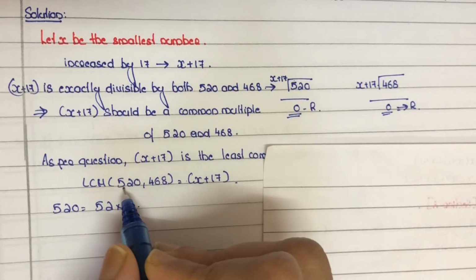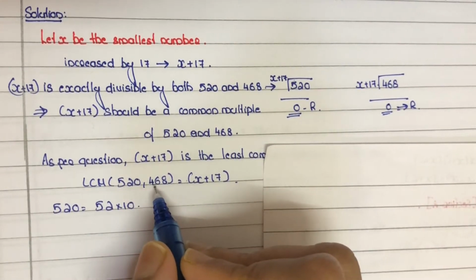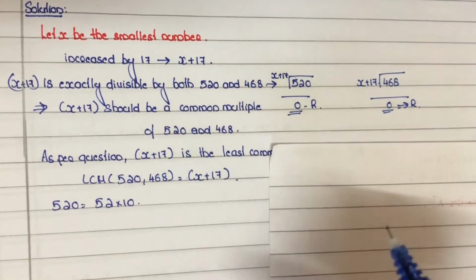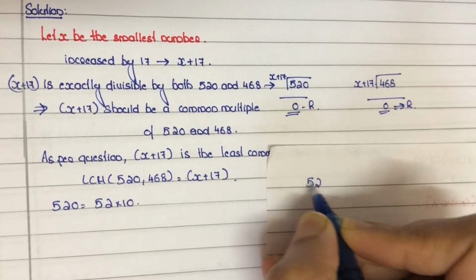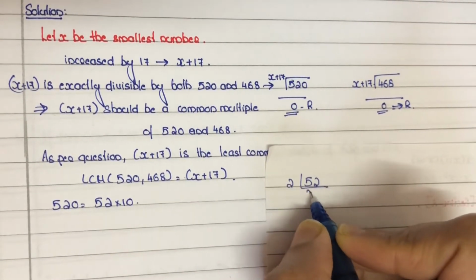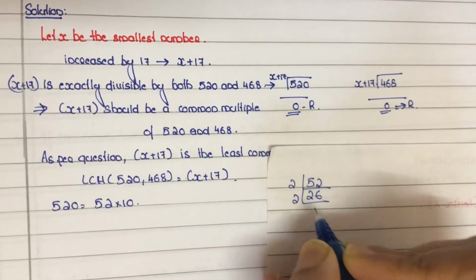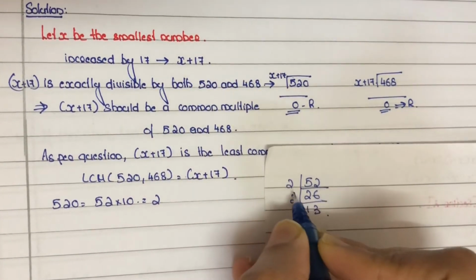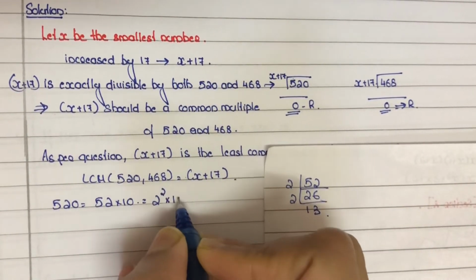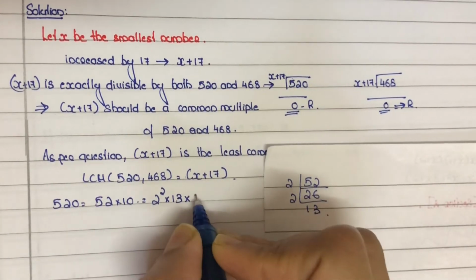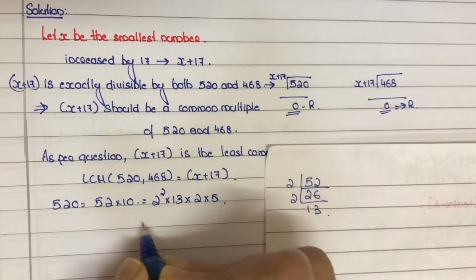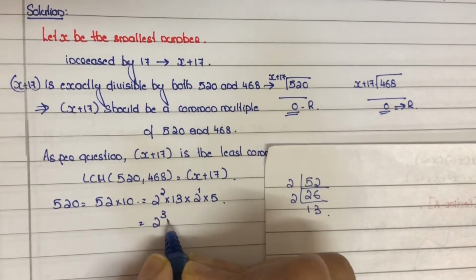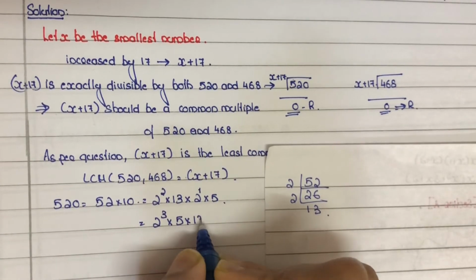So for finding out the LCM, first reduce these numbers into its factors. First number is 520. 520 we can write it as 52 into 10. 52 divided by 2, 26, again 2, 13. So 52 you can write it as 2 raised to 2 into 13, and 10 is 2 into 5. So this is equal to 2 raised to 2 plus 1, 3 into 5 into 13.